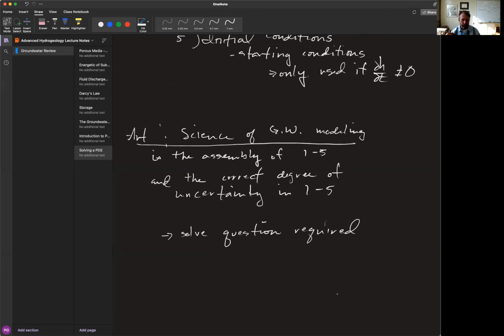An analytical solution is an actual function that we can write, i.e. head is equal to a function of x, y, z, and t, that will satisfy our PDE, our BCs, and our initial condition. As we'll see, just finding one for a very simple problem can be quite hard and arduous.